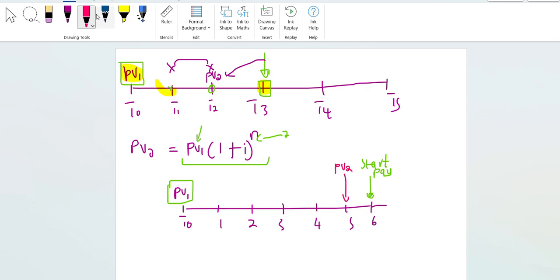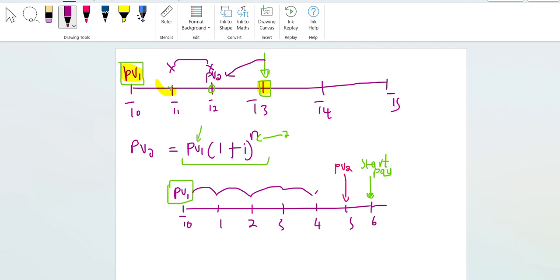So how many months have I missed? Well, I'm going to compound this present value number 1 to the first month, the second month, the third month, the fourth month, right? And then the fifth month as well, because that's when I want the money.